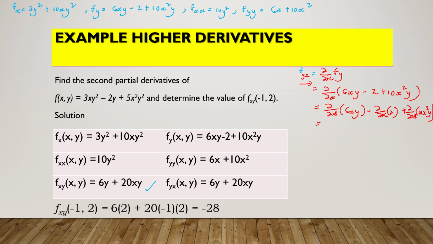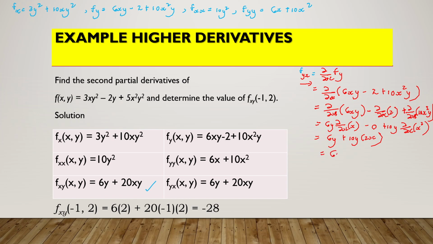∂/∂x of 6xy, where the 6y is constant, you factor out, and then ∂/∂x of x is 1, so you have 6y. ∂/∂x of 2 is 0. ∂/∂x of 10x squared y, where 10y is constant, you factor out 10y, and then ∂/∂x of x squared, so you have 10y multiplied by 2x.